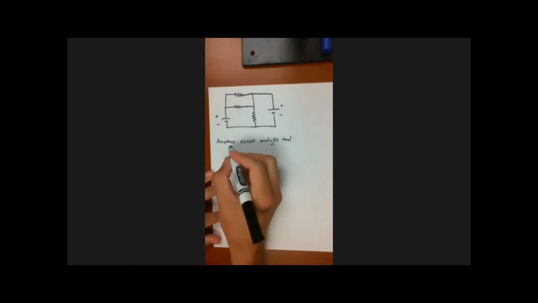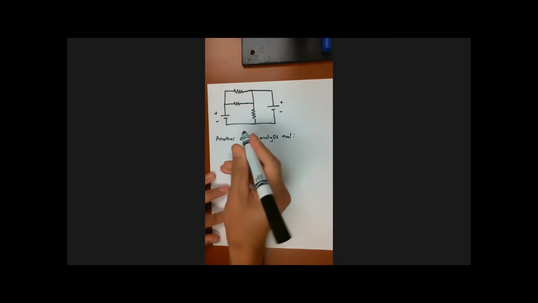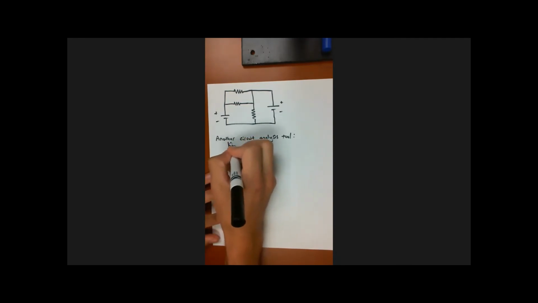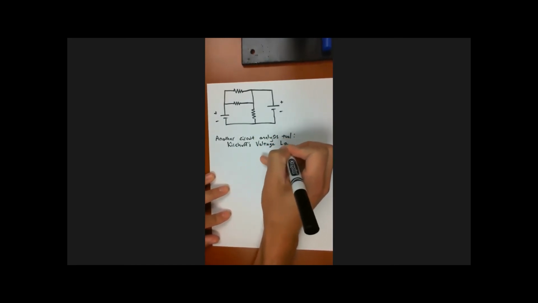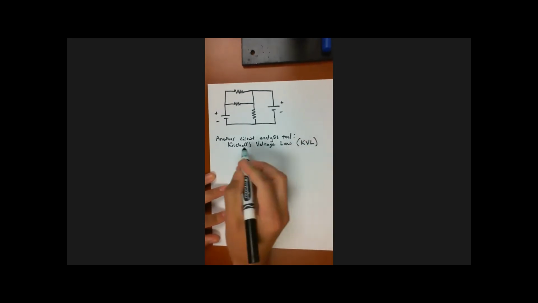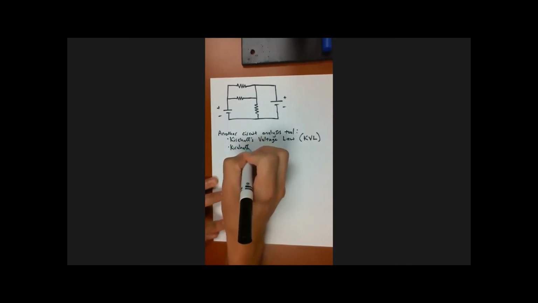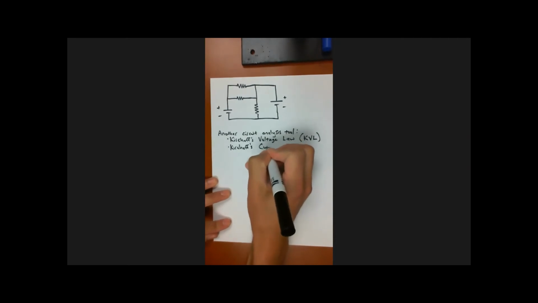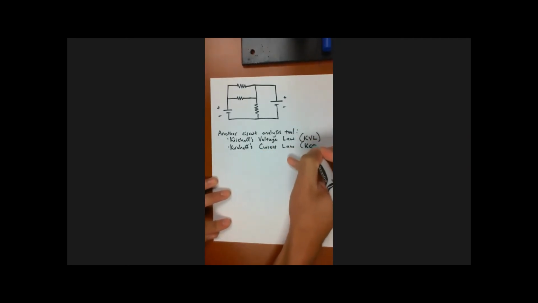And the tools that we're going to talk about today, two of them actually, they're related. One of them is called Kirchhoff's voltage law, and we always abbreviate that KVL because Kirchhoff's voltage law is a mouthful. And the second one is Kirchhoff's current law, which we abbreviate KCL.